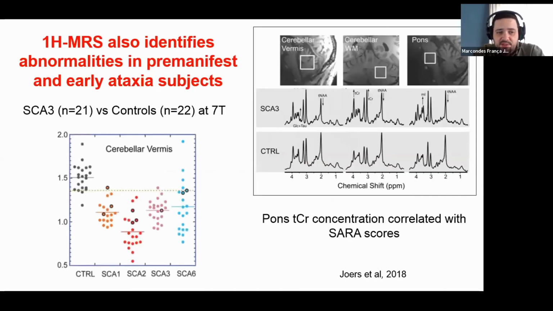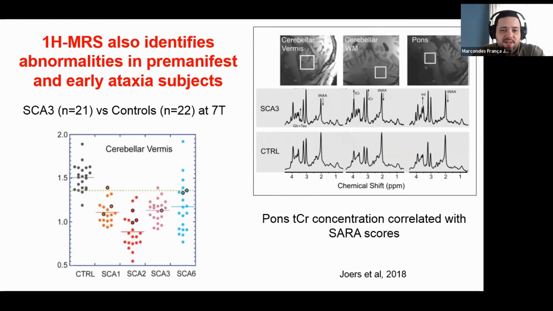Nice results in the same profile of patients came out using spectroscopy. This is a publication from the group of Dr. Goulinos. So they were able to evaluate 21 patients with Machado-Joseph disease and compared against 22 healthy controls at 7T.